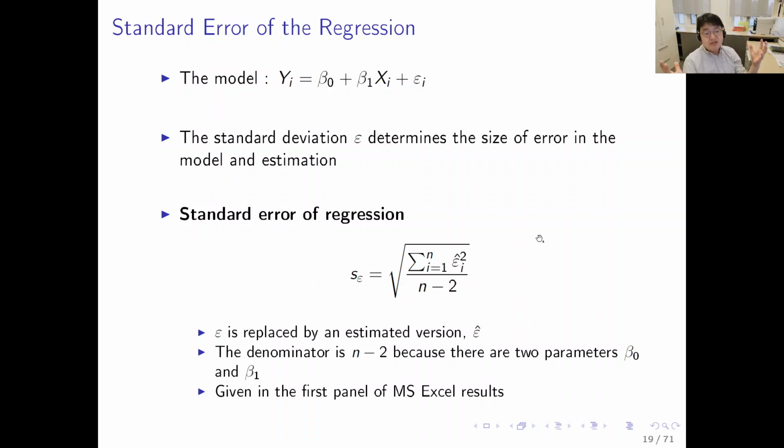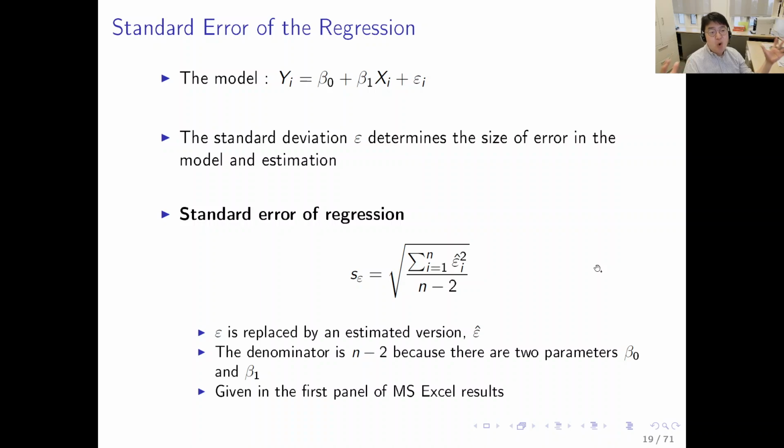When you calculate standard deviation, we start from calculating the deviation and then square that and then calculate the average of the squared deviations and then take the square root. That's standard deviation. But here we do not calculate deviations. That's because the mean of epsilon is always 0.